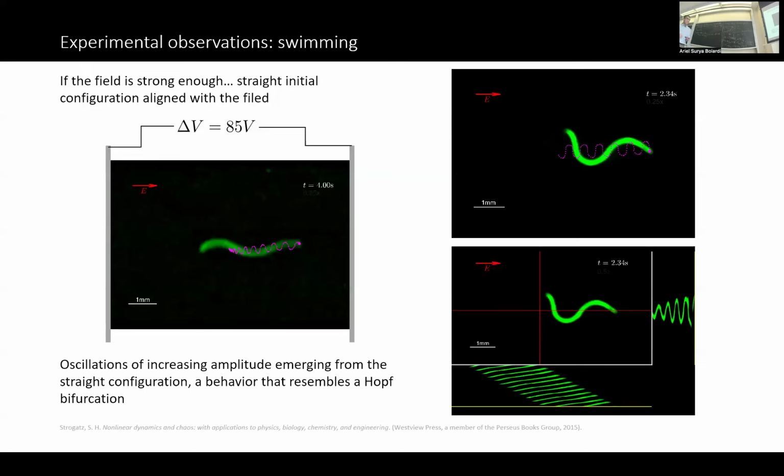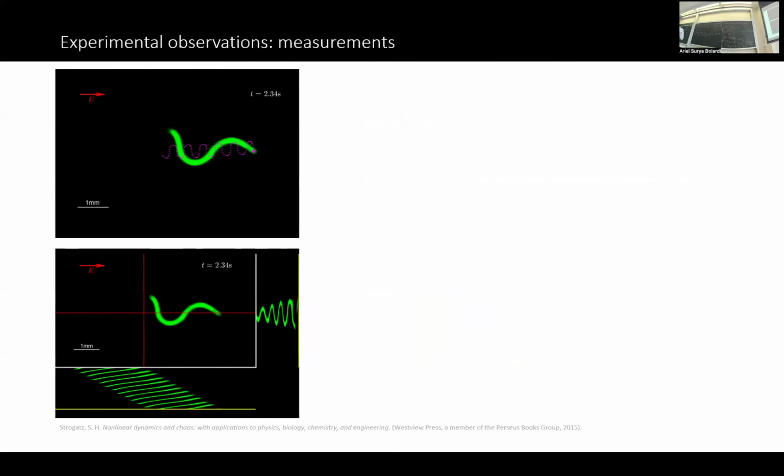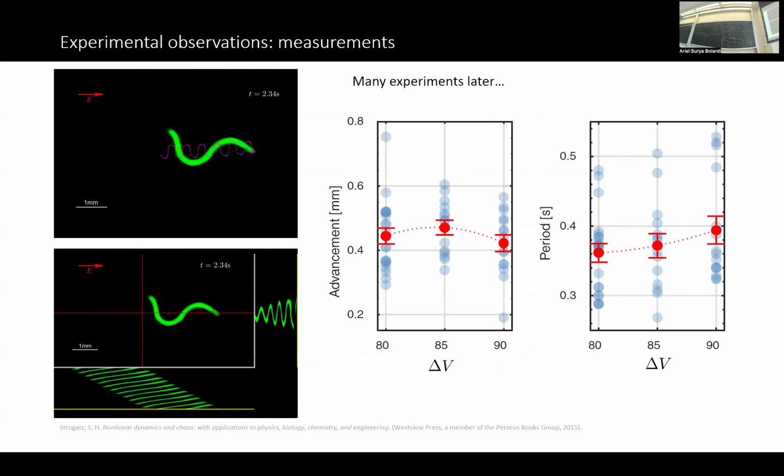Okay, so what we set to do is done, but we repeated the experiment many times to collect data about this behavior.